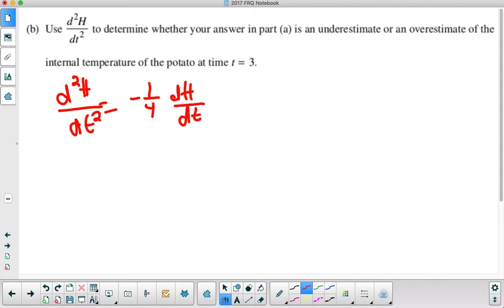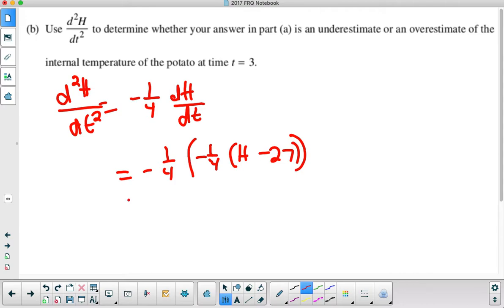Okay, and we can't leave it like that, because we need to fill in something for dh dt. So we come back to our original formula, which is negative 1/4 times h minus 27.